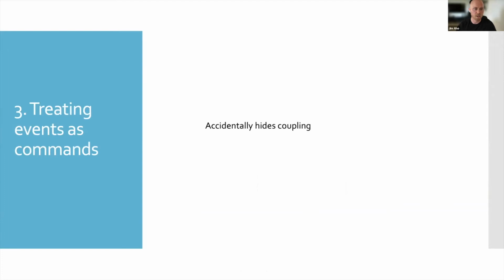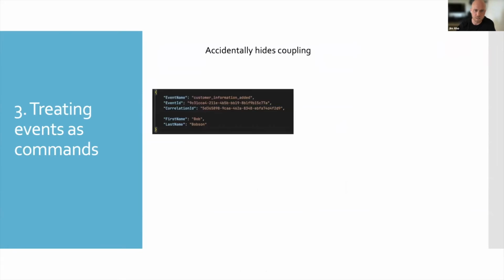Anti-pattern number 3, treating events as commands. As the name event-driven architecture implies, we always think about events. One of the bad things is that it can actually hide coupling sometimes. So let's imagine that you have the event customer information added, same one as before.